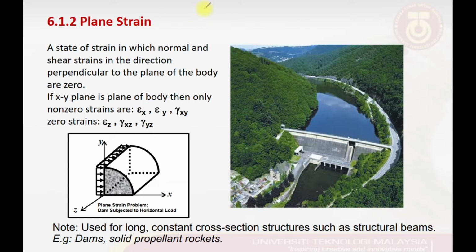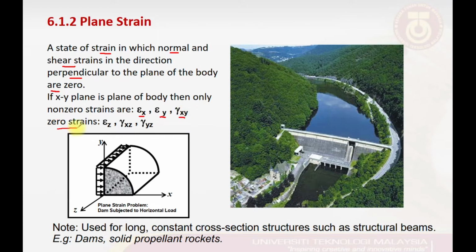The second model is known as plane strain. This model is a state of strain in which the normal and shear strains in the directions perpendicular to the plane of the body are zero. So if the xy plane is the plane of the body, then the non-zero strains are the normal strains in the x and y directions, and also the shear strain on this xy plane.